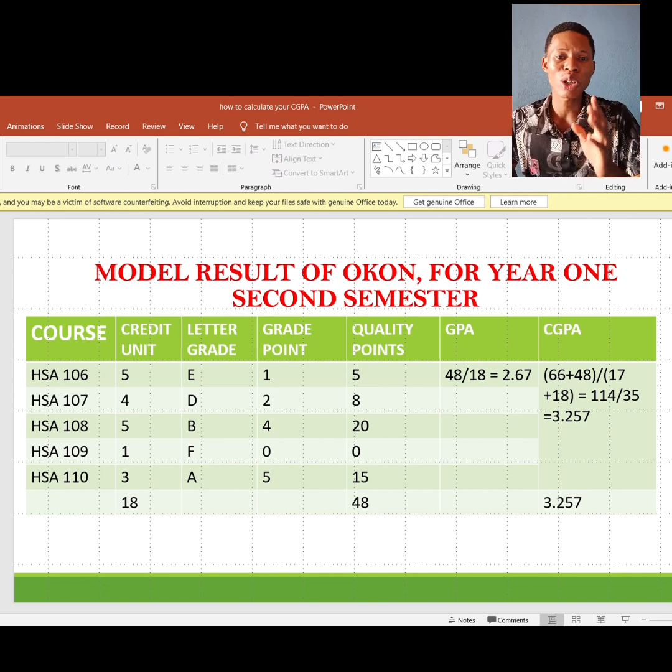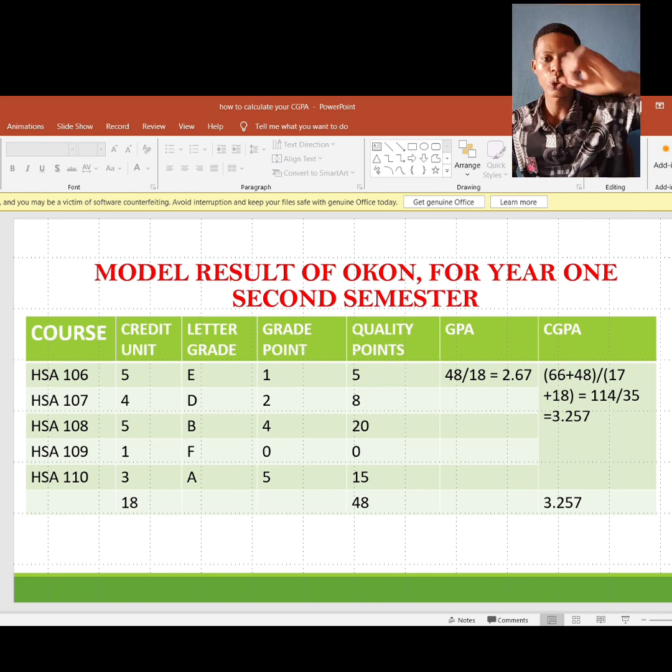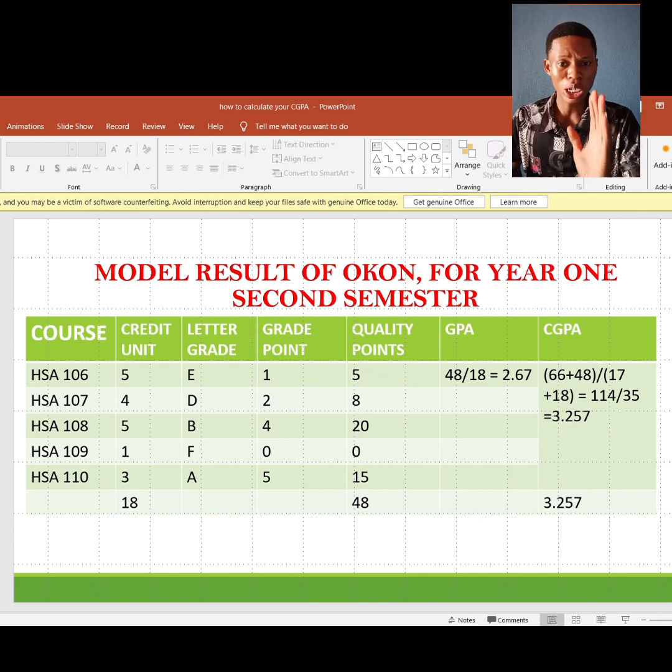No matter which department you are, this thing works. The same principle. Whether you are in engineering, faculty of science, or pharmacy, this is the same principle. So you add up the total quality points, you add up the total credit units, and you divide, you get your CGPA for the level you are. Do you understand?